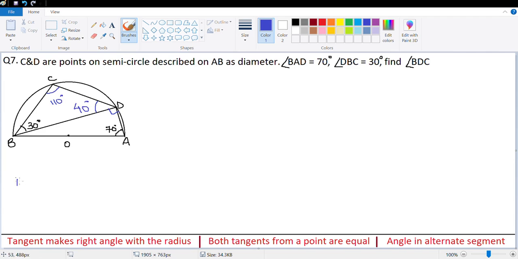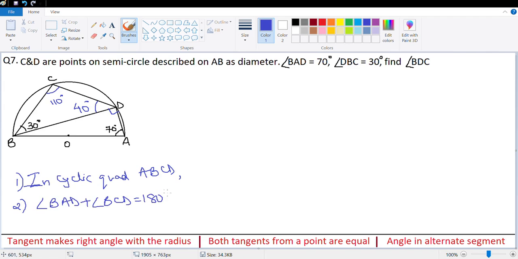Let's just write that down. Point number 1, angle in cyclic quadrilateral ABCD, angle BAD plus angle BCD is equal to 180 degree. Therefore, angle BCD is equal to 110 degree.